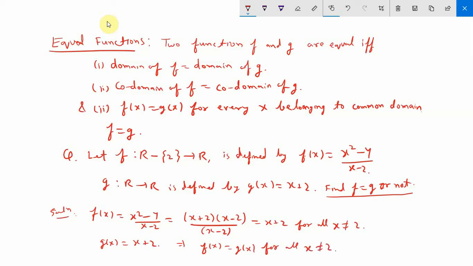Okay, so f(x) equal to g(x) for all x which is an element of real numbers minus 2.